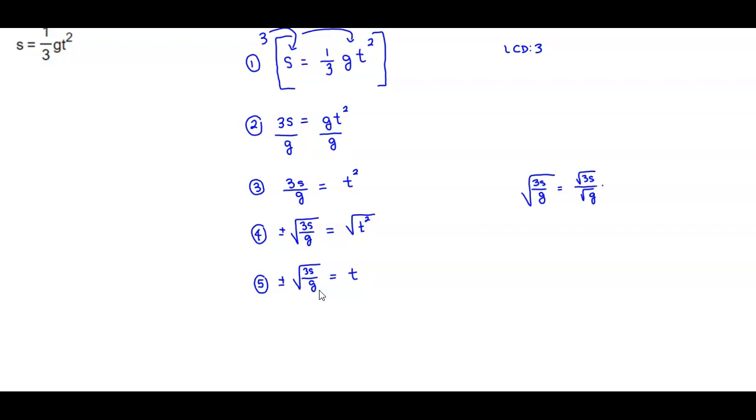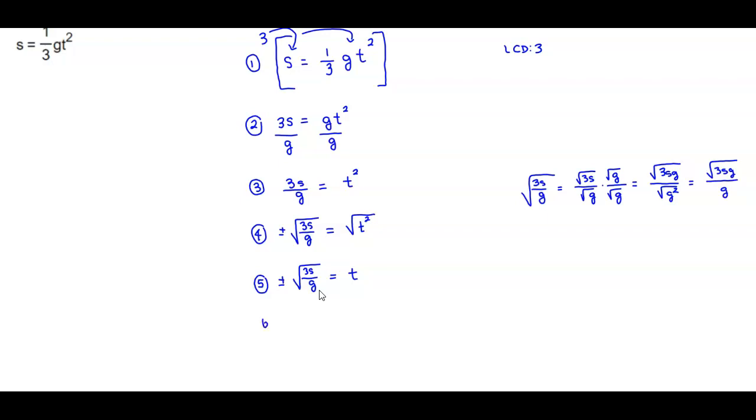So in order to rationalize the denominator, we've got to multiply the numerator and denominator by the square root of g. So therefore, in the numerator, we're going to have the square root of 3sg over the square root of g times g, which is g squared. And so therefore, we end up with the square root of 3sg over g.